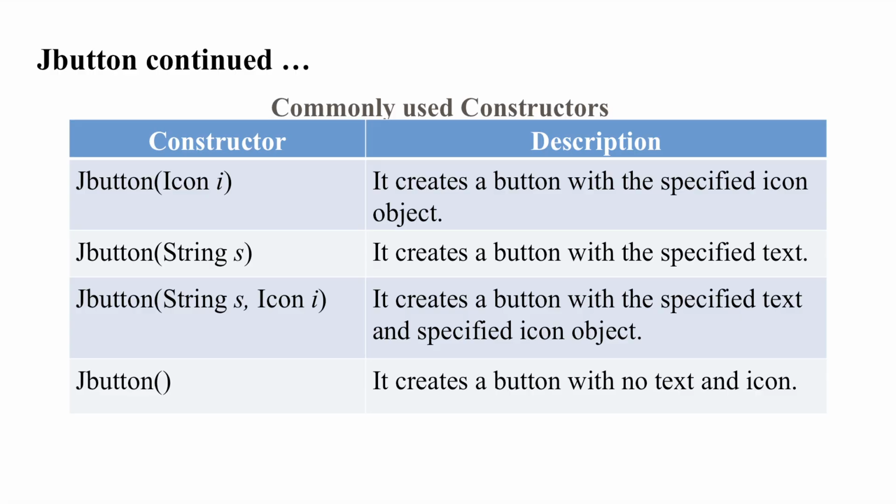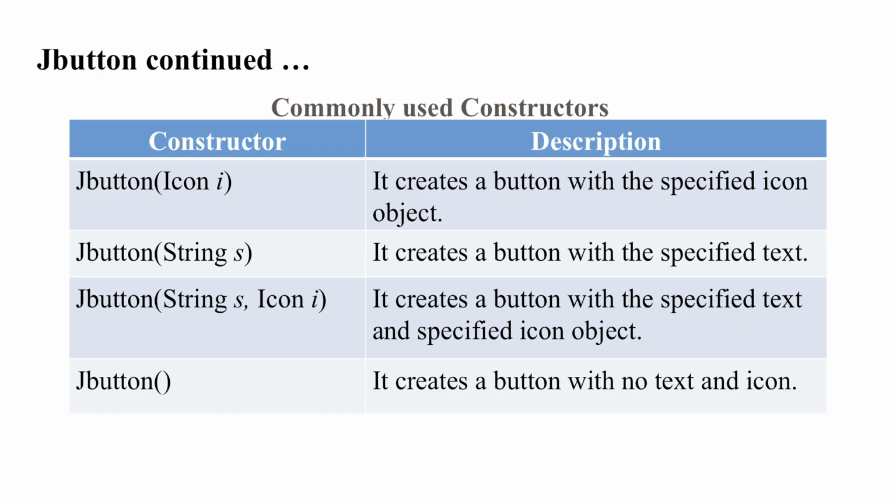When we click or double click, it triggers an event, meaning it does something, and we have to use this JButton component with some constructor. We have different constructors here. First is JButton with an icon, where we can use an icon, a picture, as an object.